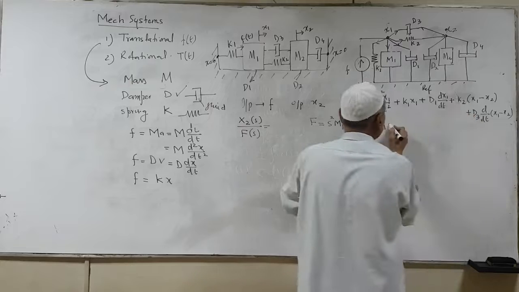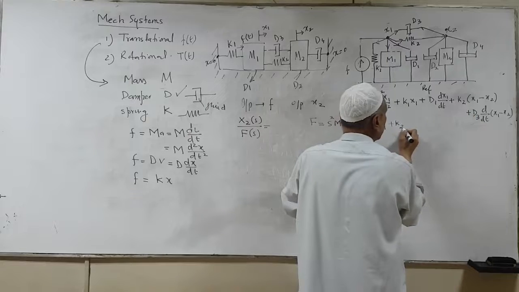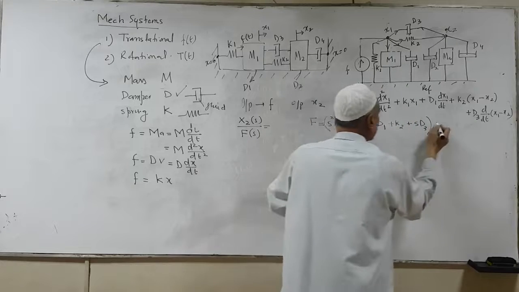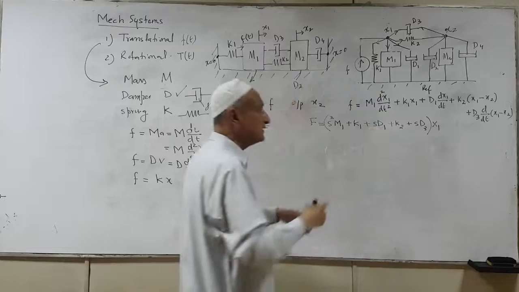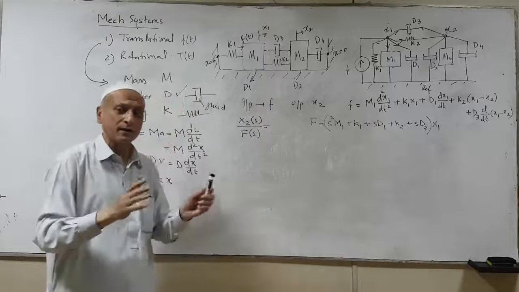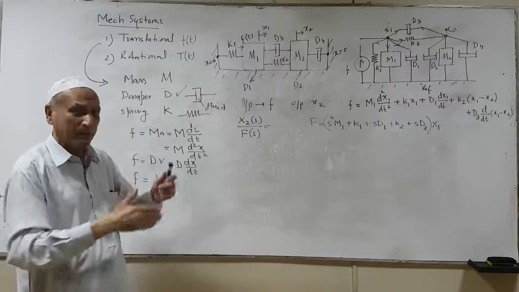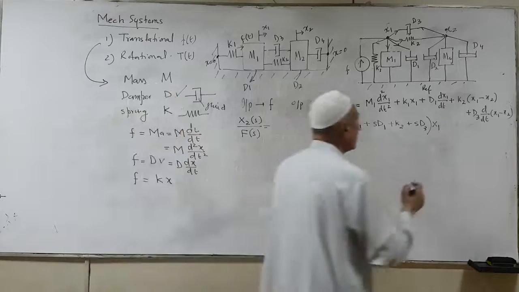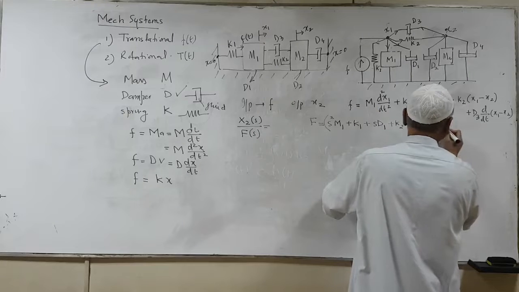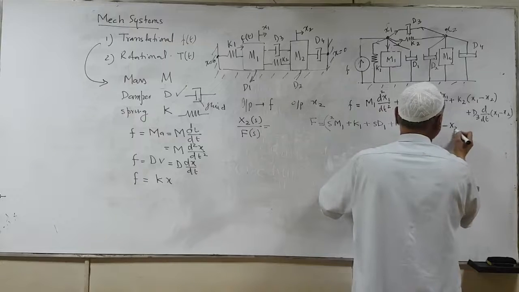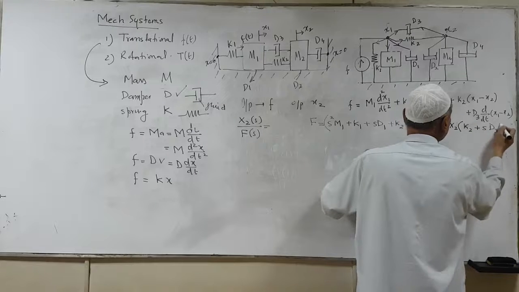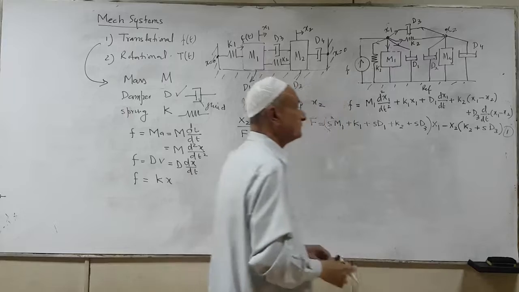Then we have plus k2, then we have plus s d3. And then we can put those collectively as X1. I'm not using the s in brackets. It doesn't make any difference. The capital letter actually signifies that these are all the Laplace transform quantities. Then we have minus X2, and then we have (k2 plus s d3). So this forms our equation 1.